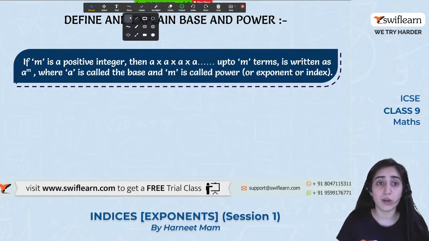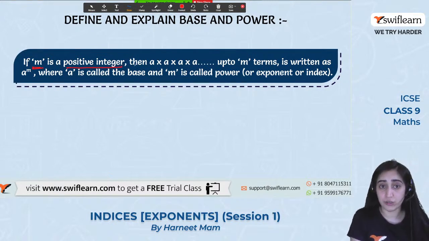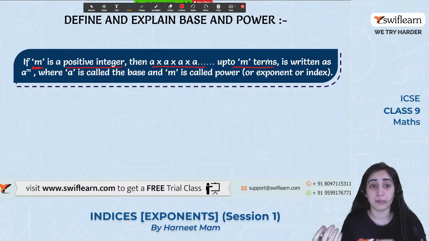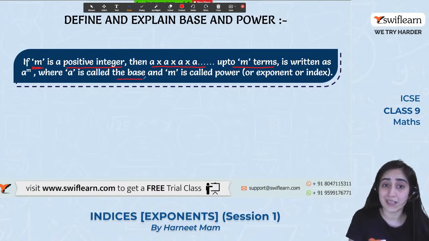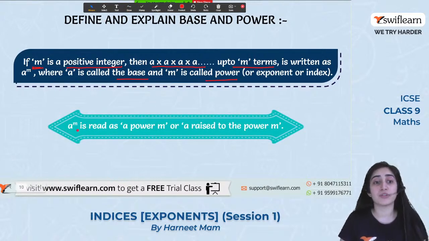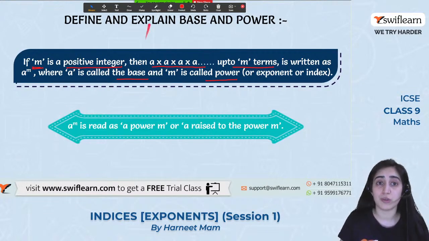All right, so what it's saying is that if m is a positive integer, then a multiplied by a multiplied by a up to m times. So जितनी बारी हम उसको multiply करेंगे, so a is known as the base and m is called the power. So what do we say it? a raised to the power m is read as a power m, or a is raised to the power m. तो हम इसको कैसे लिख सकते हैं?